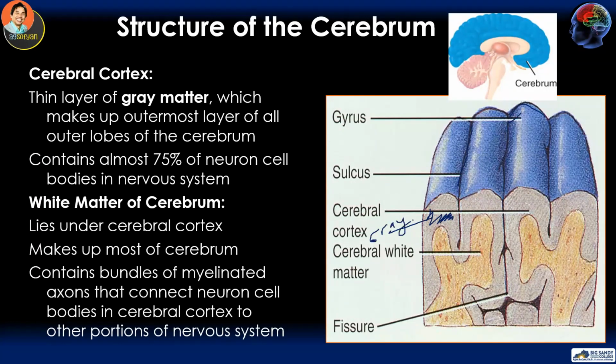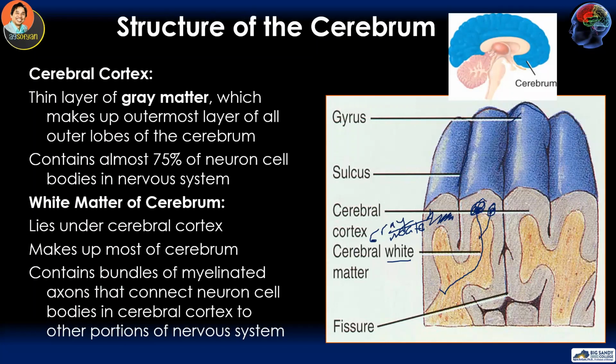Gray matter is the darker color because this is the place for the cell body. If it is a neuron, the cell body will be here, and the axon will be in the white matter.